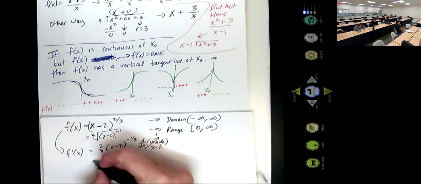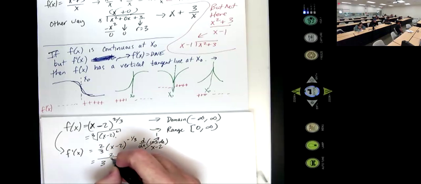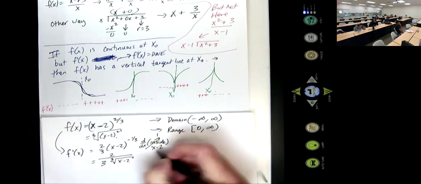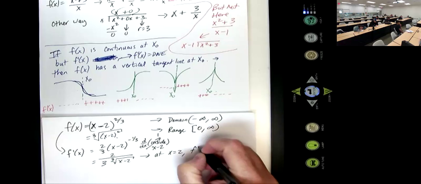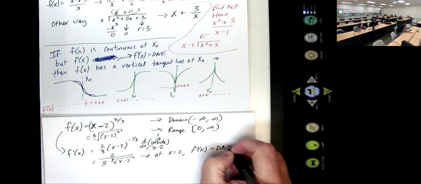Another way of writing this one is 2/3 over the cube root of x minus 2. And now at x equals 2, f prime of x does not exist.